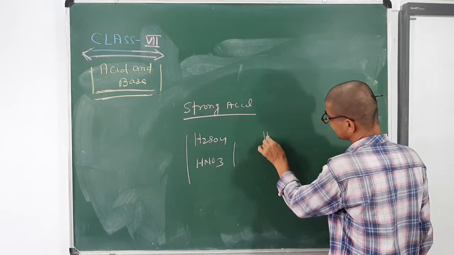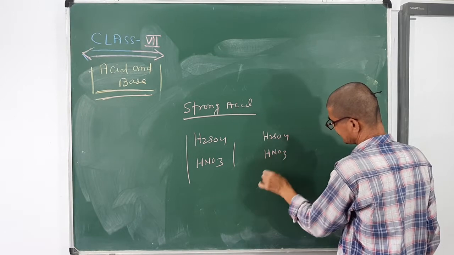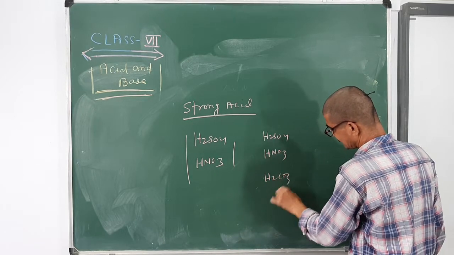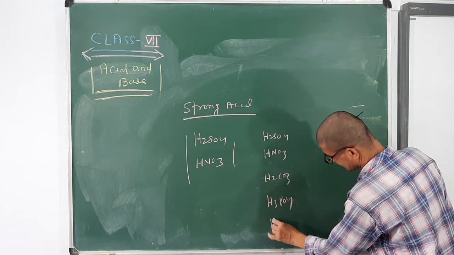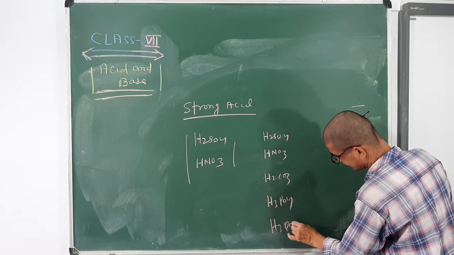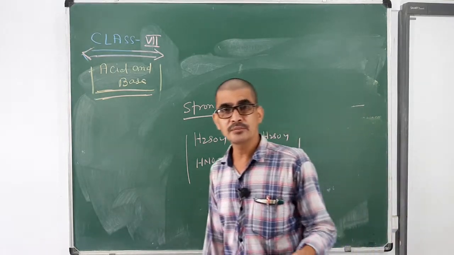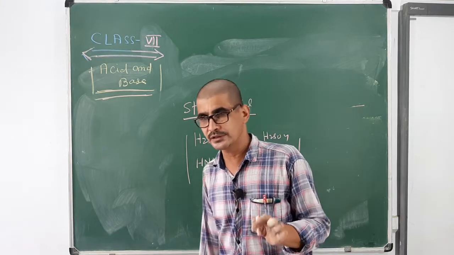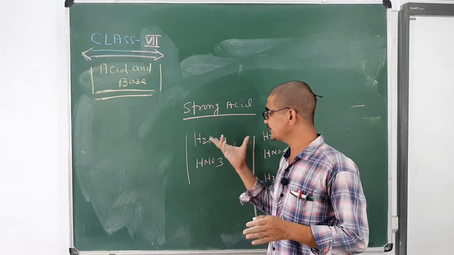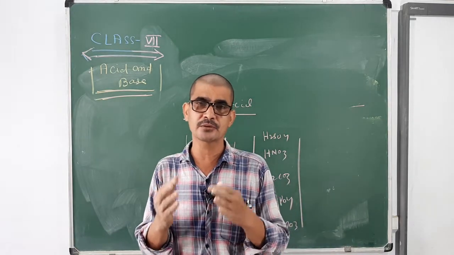So sulfuric acid, nitric acid, carbonic acid, phosphoric acid, phosphorus acid, these are mineral acids, and all mineral acids are not strong. Some mineral acids are strong. A strong acid is one which in aqueous solution completely dissociates and gives a large number of hydrogen ions.